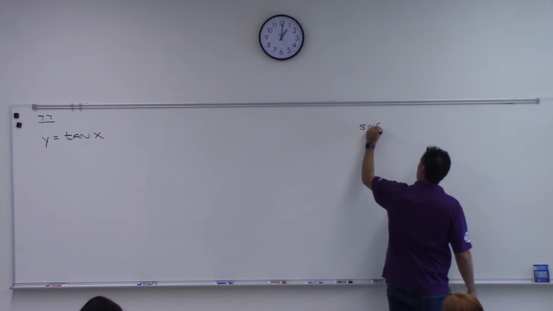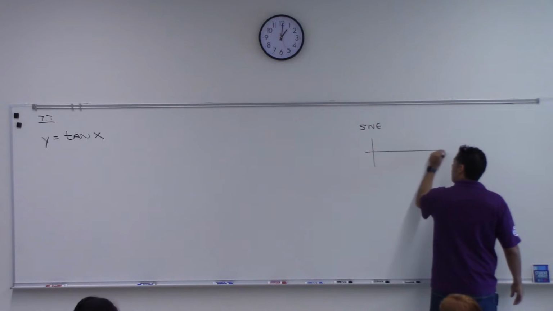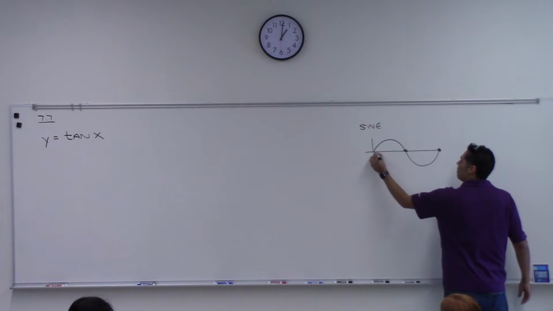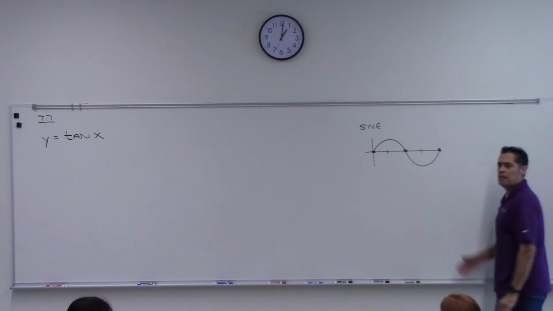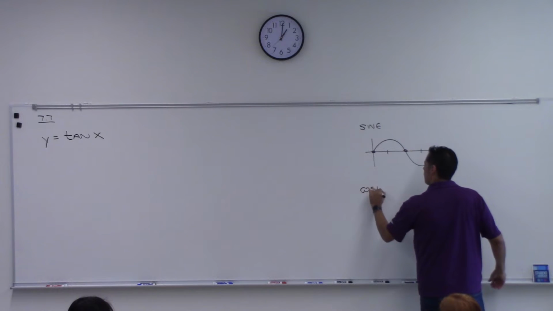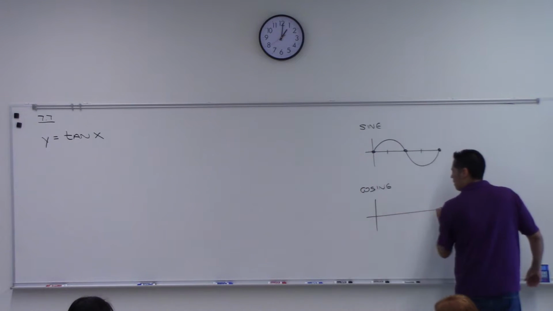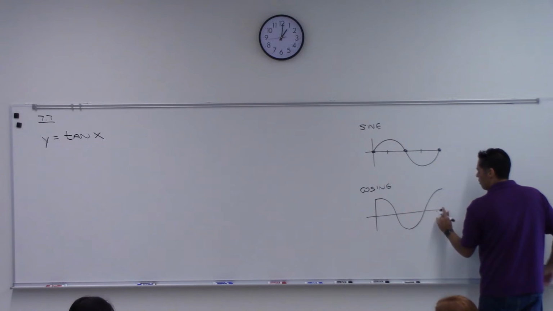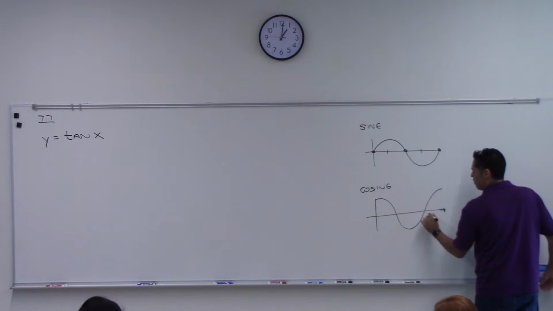With the sine graph, we should all be comfortable with the idea that it goes like this. That's the basic sine graph. And then the cosine graph is like this.